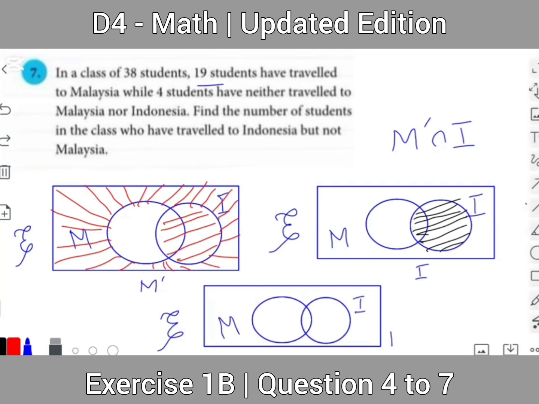And this Venn diagram represents M complement intersection I. So to identify the region for M complement intersection I, we will see the region in the first and second Venn diagrams that is common in both the diagrams. So the region shaded in I represents the required region or the common region that shows M complement intersection I.